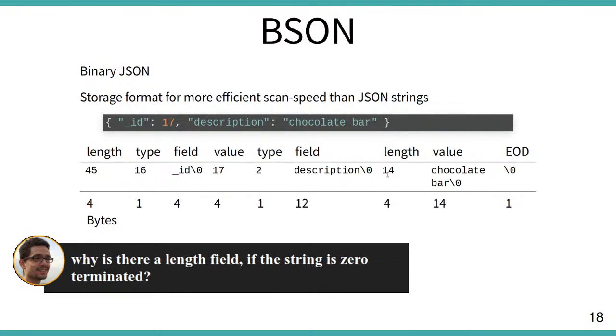Why is there a length field and the 0 termination? So the length field is very useful to skip 14 bytes when we are not interested in reading this value here, but then this is not necessary. You are absolutely right, but I don't know the reason why MongoDB decided that there's also the indicator of the string termination here.